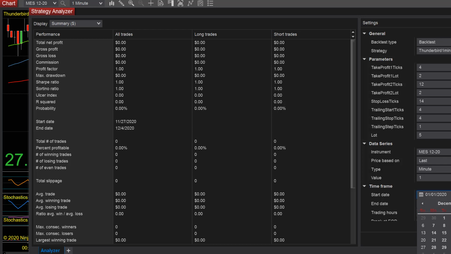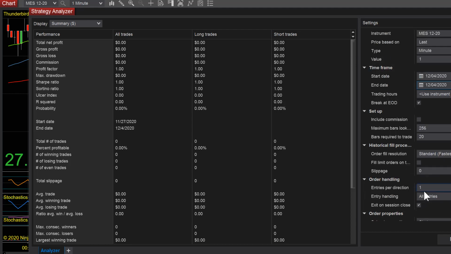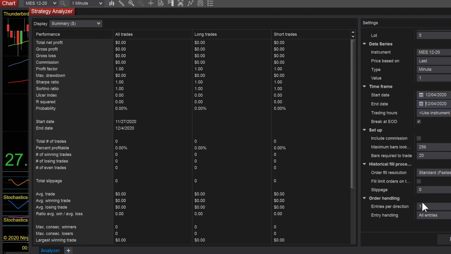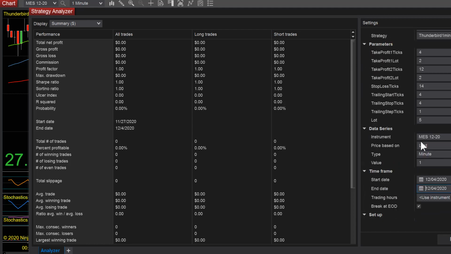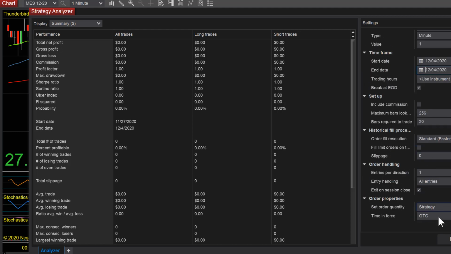So I'm going to do today's trade, December 4th to December 4th. Trading hours, 1 minute, everything here. So we're just going to back test this. It's going to apply the script to all the setups and see what it spits out here for the day. All right, let's run it.